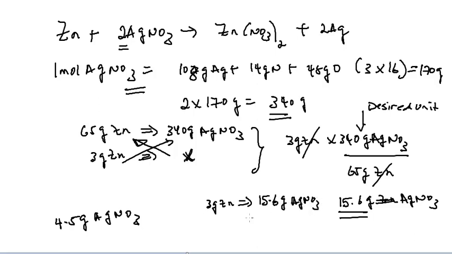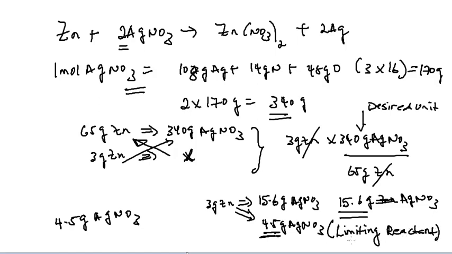We have two values here: 15.6 grams, and what was given to us, 4.5 grams of silver nitrate, which is a very small amount. So in that case, this is our limiting reactant.